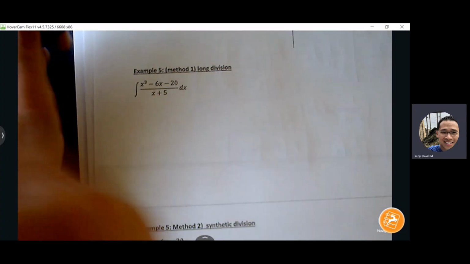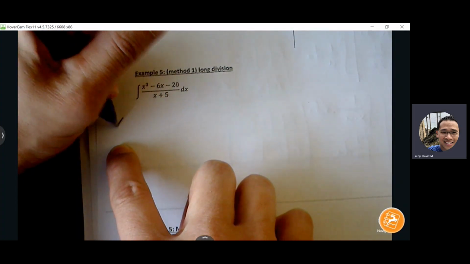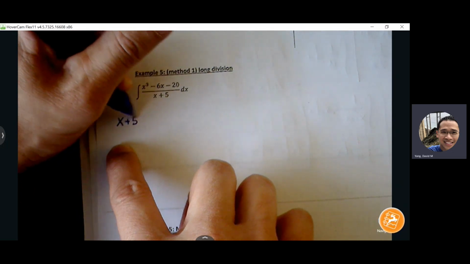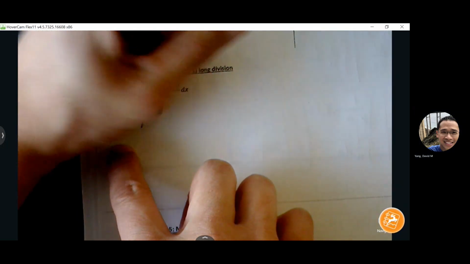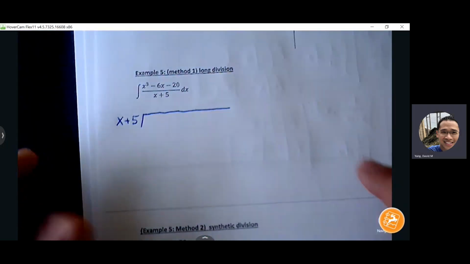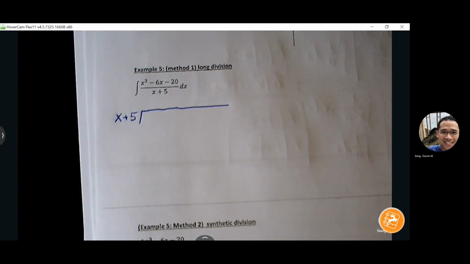You've seen it before, but it's been a while, so this is what we do. Again, this doesn't solve the problem. It just produces a different version of the problem for us to solve. Okay, so we're dividing by x plus 5. Go ahead and put x plus 5 outside your division notation.